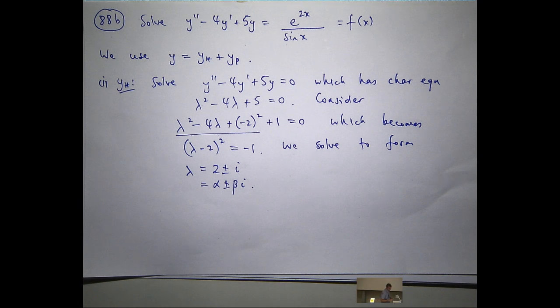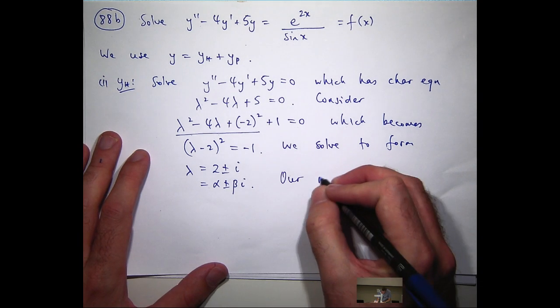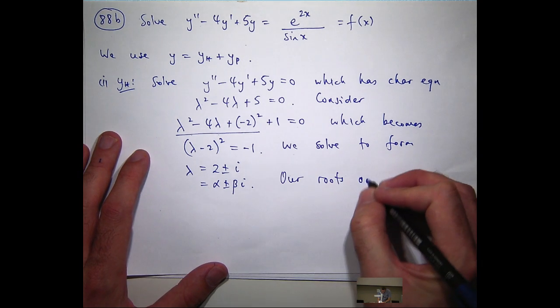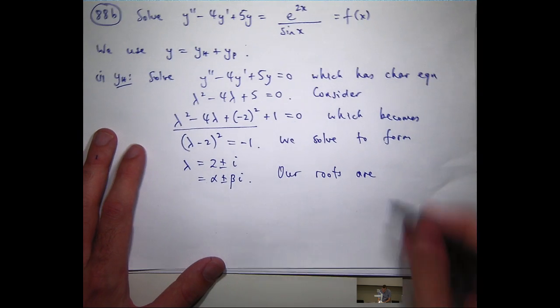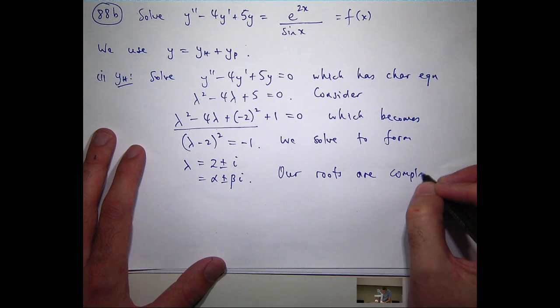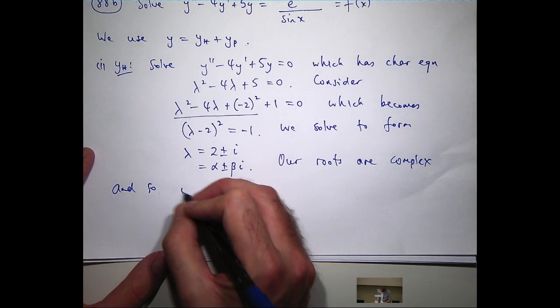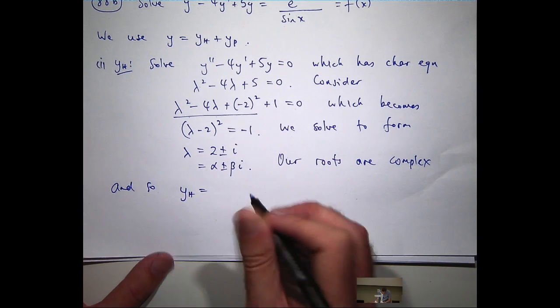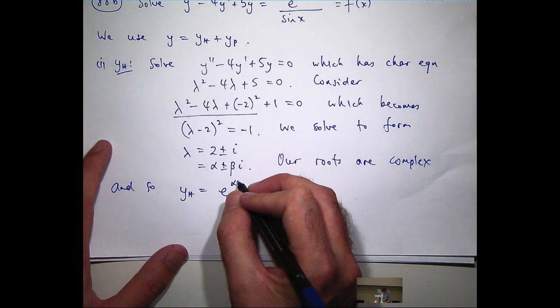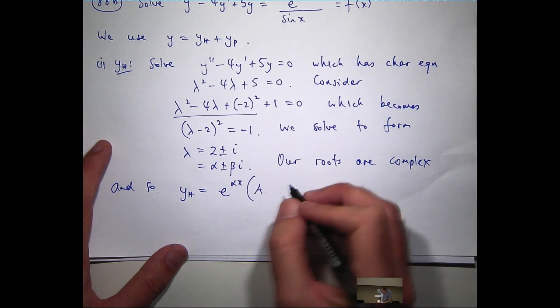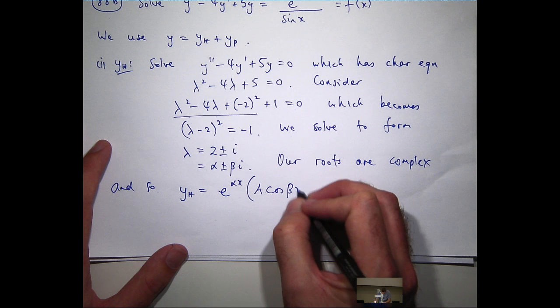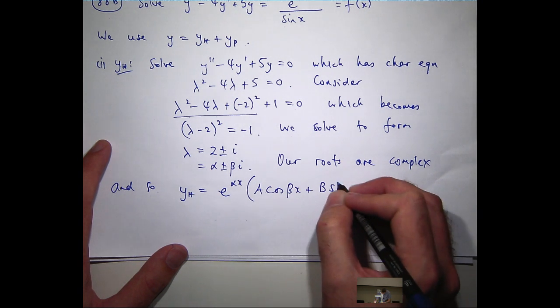In this case, alpha's 2, beta's 1. We base our solution on the fact that these roots are complex roots. Okay, so it is e to the alpha x bracket a cosine beta x plus b sine beta x.